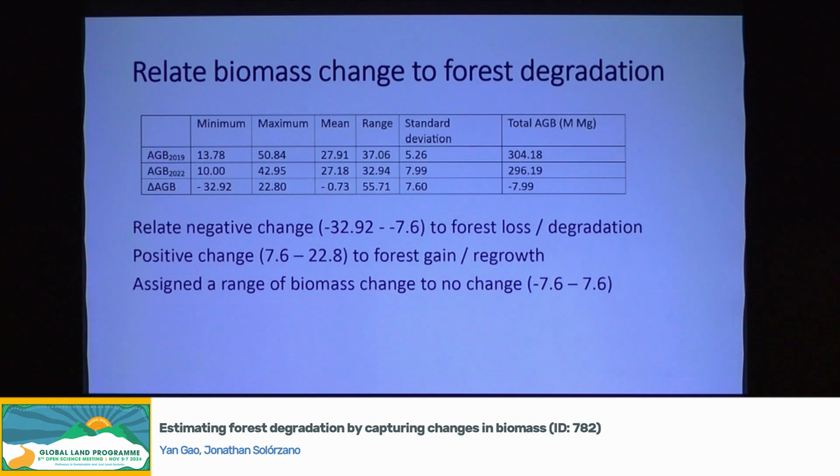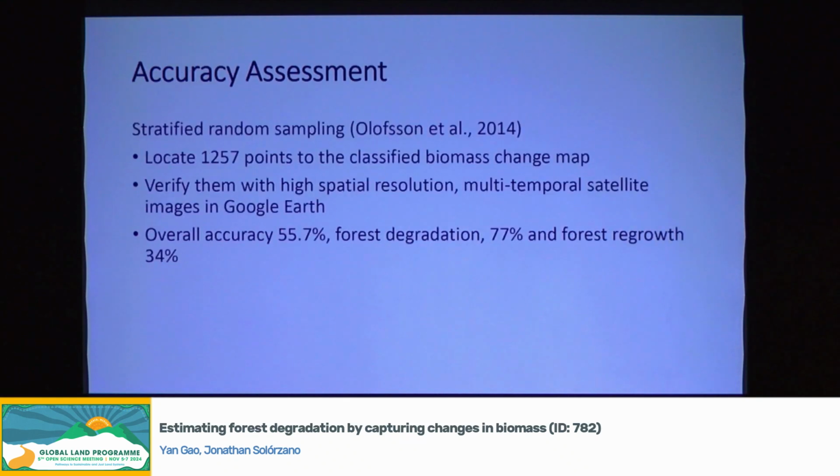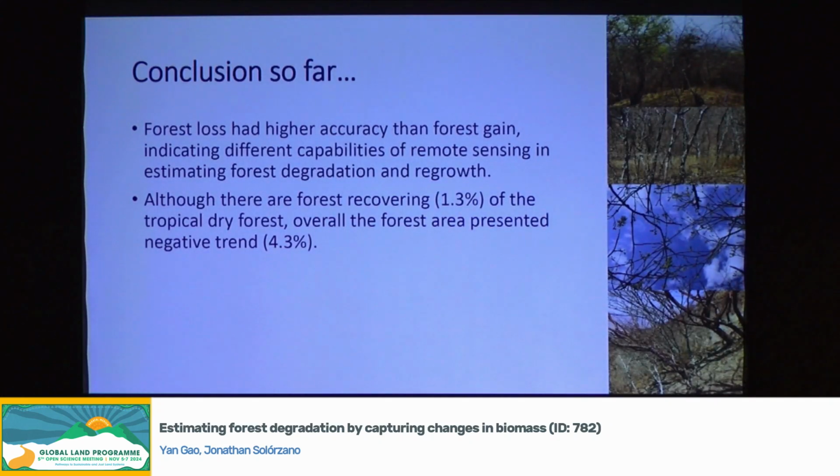and a range of biomass as no change. For accuracy assessment, we used stratified random sampling. We located a certain number of points in those classes, and we got 77% accuracy for forest loss, and for forest gain relatively poor, much poorer, 34%. The conclusion so far, as the work is still ongoing: forest loss had higher accuracy than forest gain, indicating different capabilities of remote sensing in estimating forest degradation and regrowth.